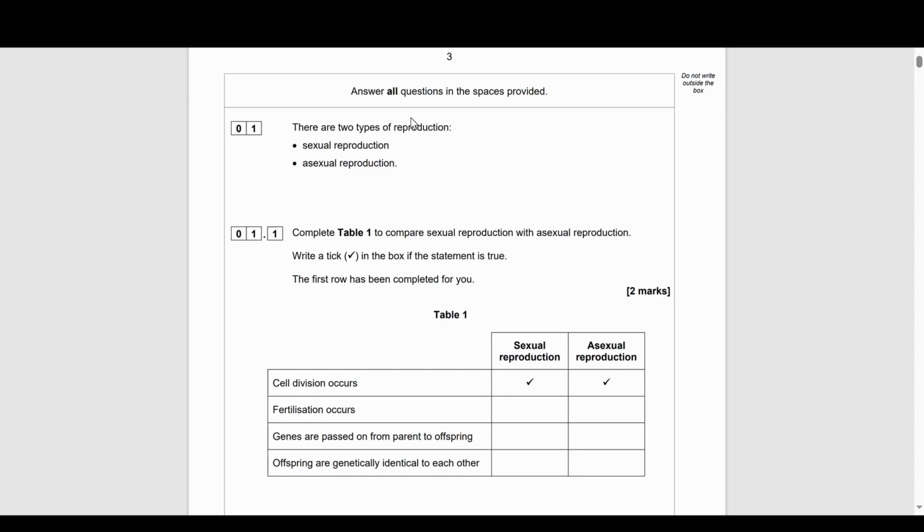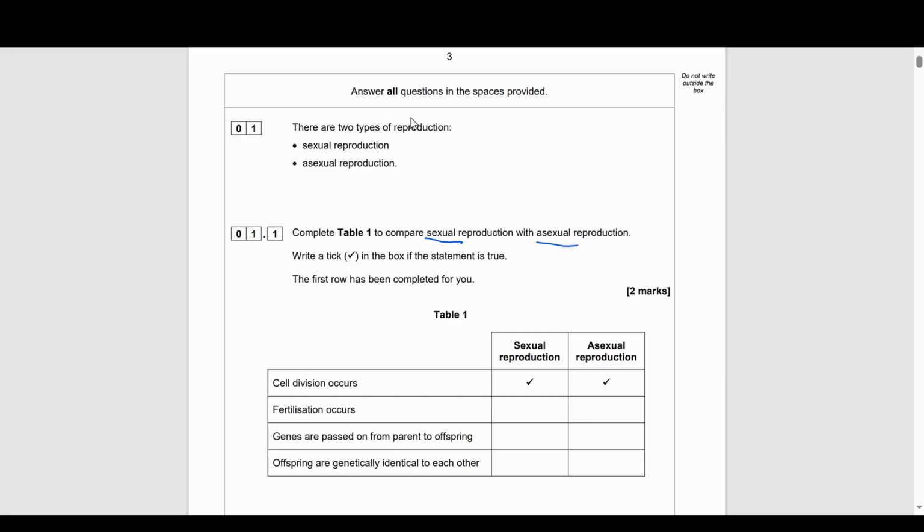So we need to remind ourselves what is involved in sexual reproduction and how asexual reproduction is different and similar. As you can see already, they've told us that they're both examples of cell division, which is why both boxes are ticked.